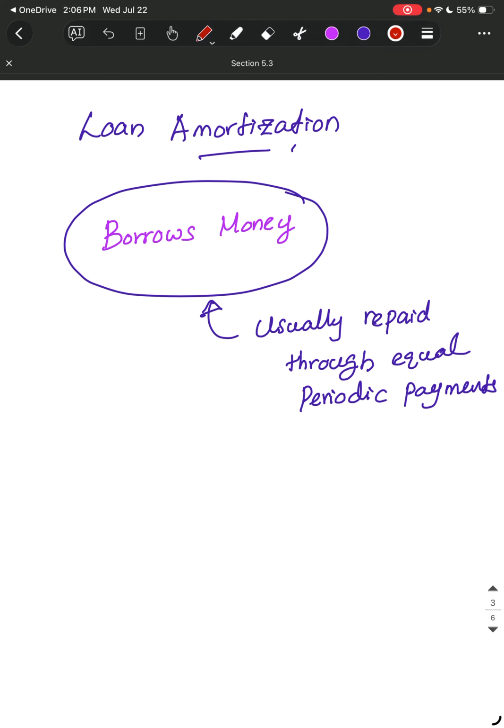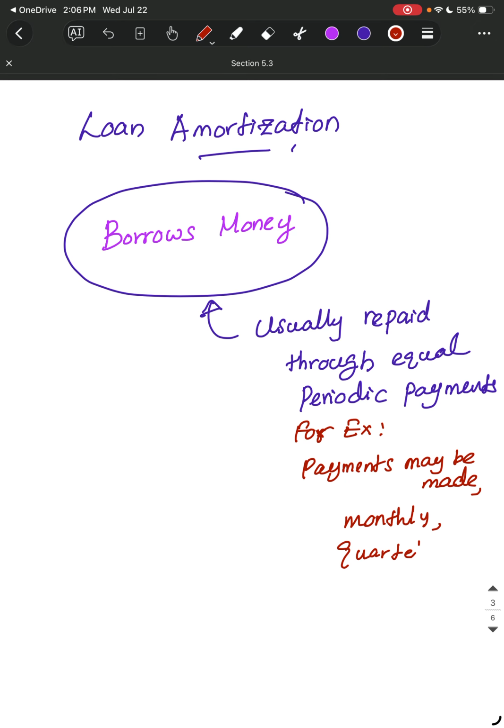For example, payments may be made monthly, quarterly, or annually.